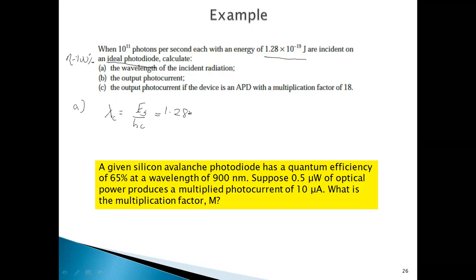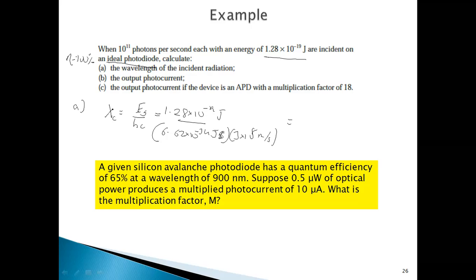Your Planck constant is 6.62 times 10 to the power of negative 34 joule seconds, whereas c is 3 times 10 to the power of 8 meters per second.